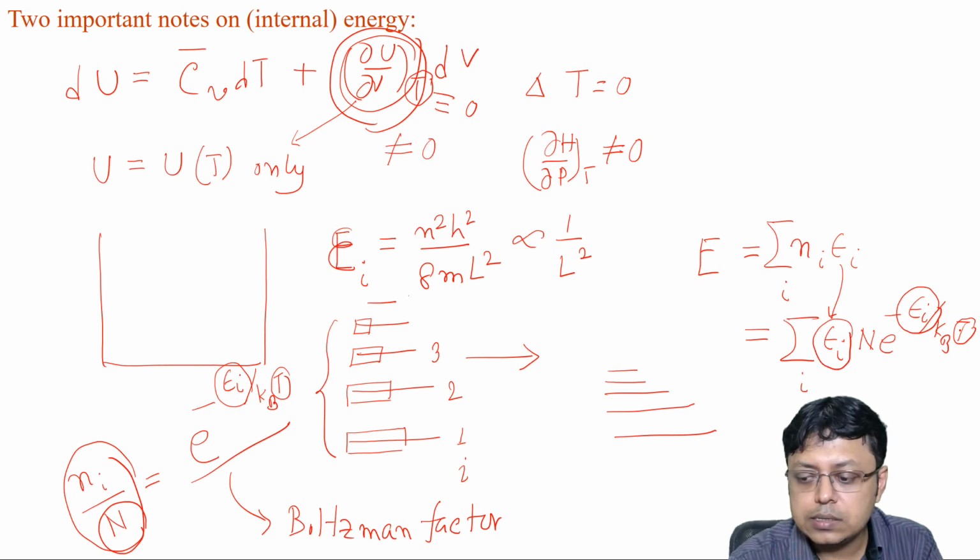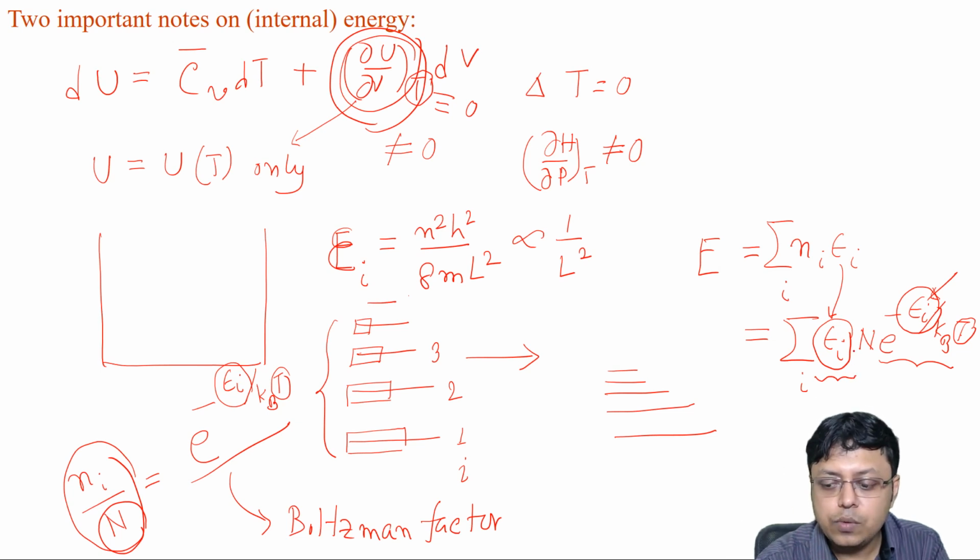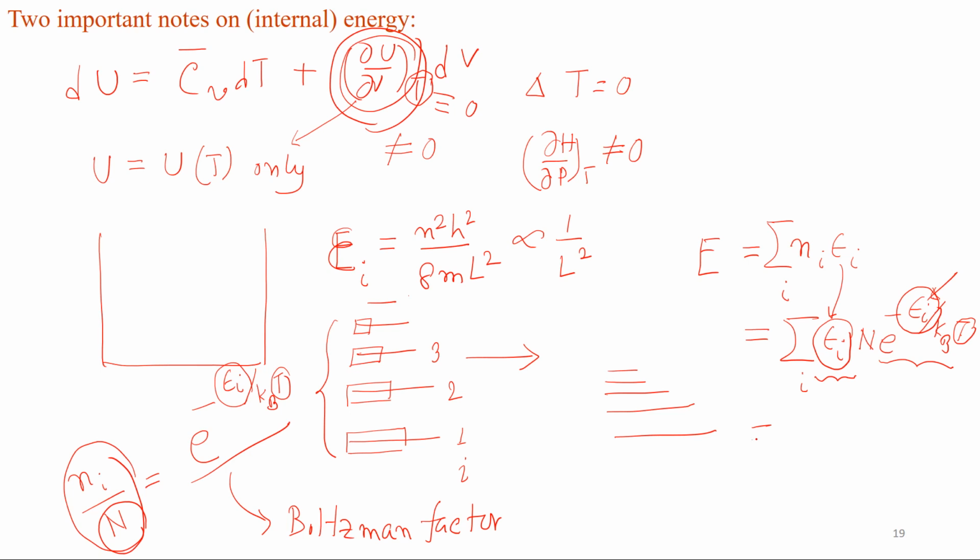However, since the temperature is constant, suppose we are increasing the volume, then E_i decreases, but then this fraction decreases. At the same time, this E_i also decreases. So they will somehow compensate and make the total energy independent of the change of the volume, which means the total energy, which we wrote as U in thermodynamic language, is a function of temperature only.